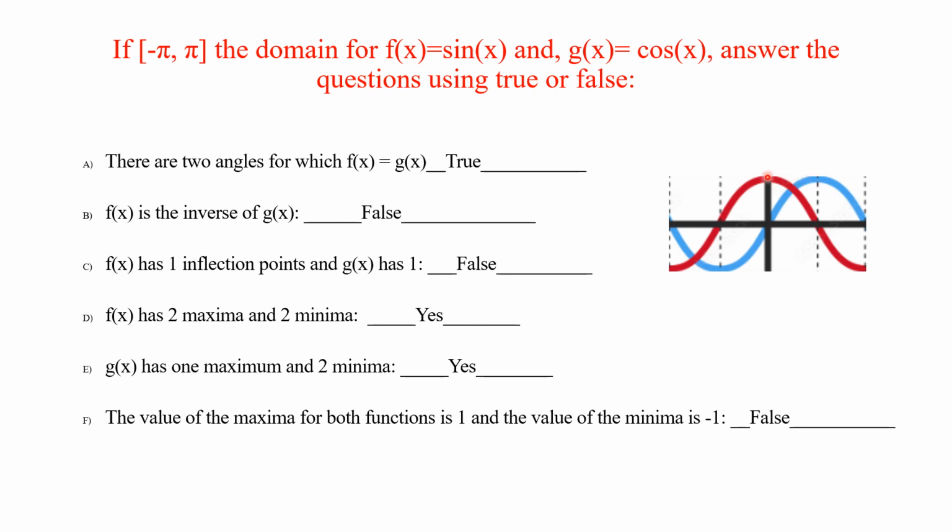So both of them have the same absolute maximum value, but the minimum is not true, because you can see that we have a minimum over here for the sine, and we have a minima for the cosine on this one and on this one.